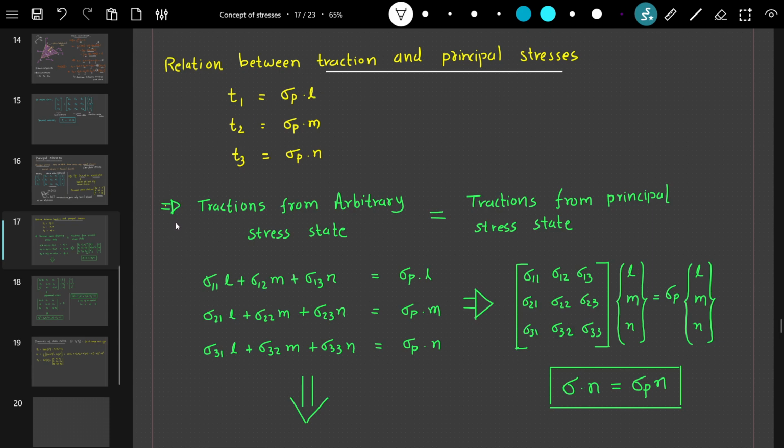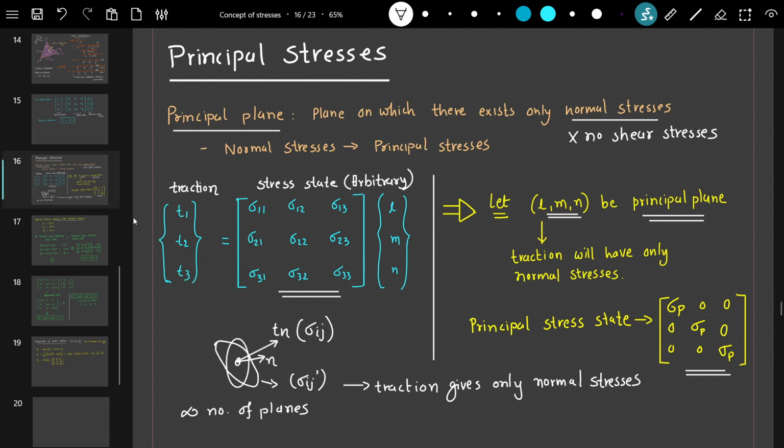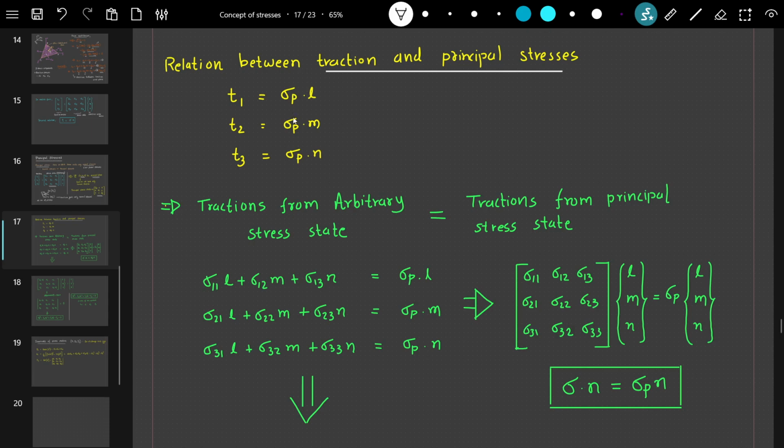Now we want to find the principal stresses from arbitrary stresses. We know the arbitrary stresses will become principal stresses on a principal plane. So we can equate the tractions coming from the arbitrary stress state with the tractions from the principal stress state, since both are going to be the same. These T1, T2, and T3, in terms of arbitrary stresses, will be equal to the T1, T2, T3 from principal stresses.